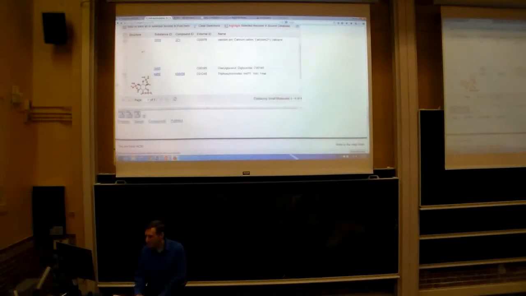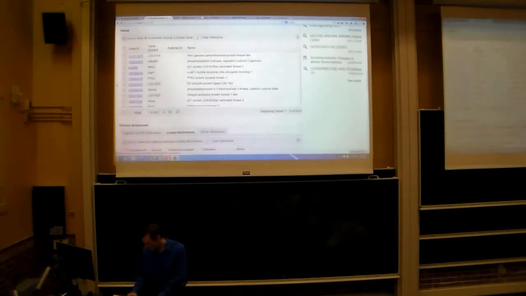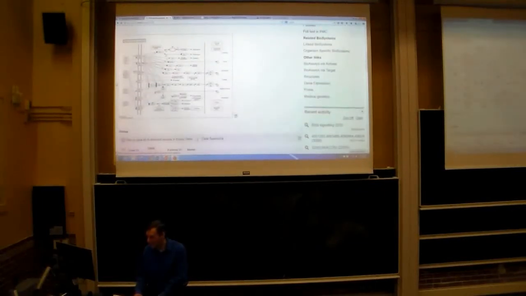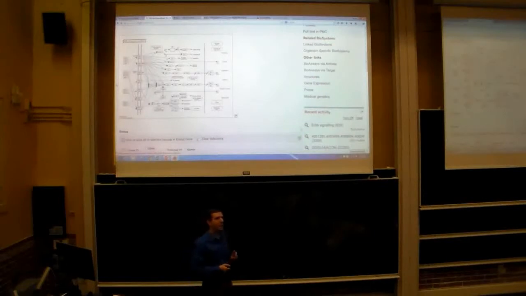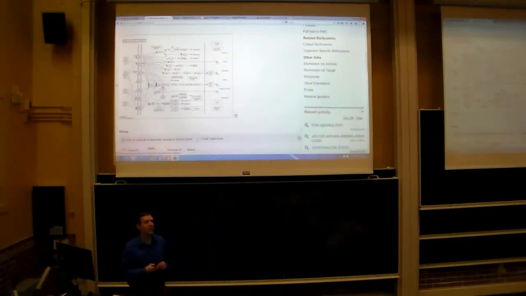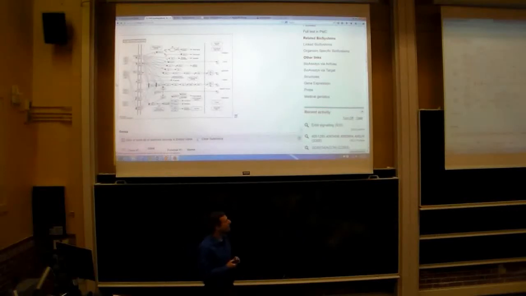One of the things I skipped over that is kind of interesting and relevant to what I want to talk about now is this diagram here. The diagram here is too small to really make out the details, but this is interesting in part because it's showing us more specifically how this entire pathway, or all of the components to it, are linked together, what they're doing as a unified system.